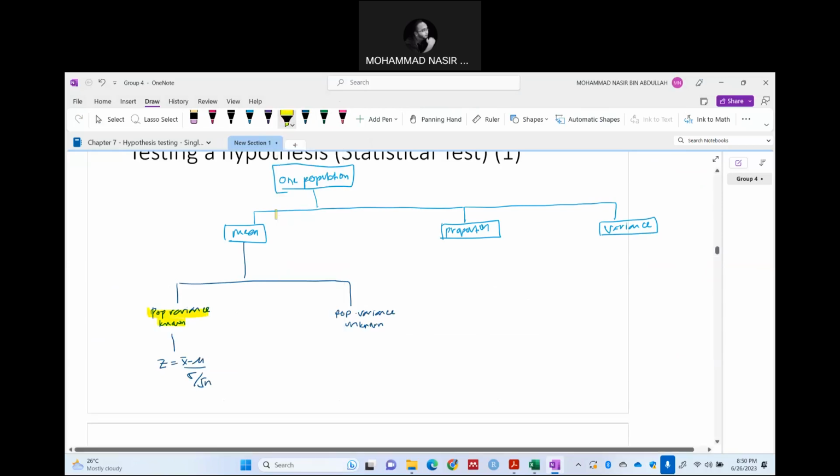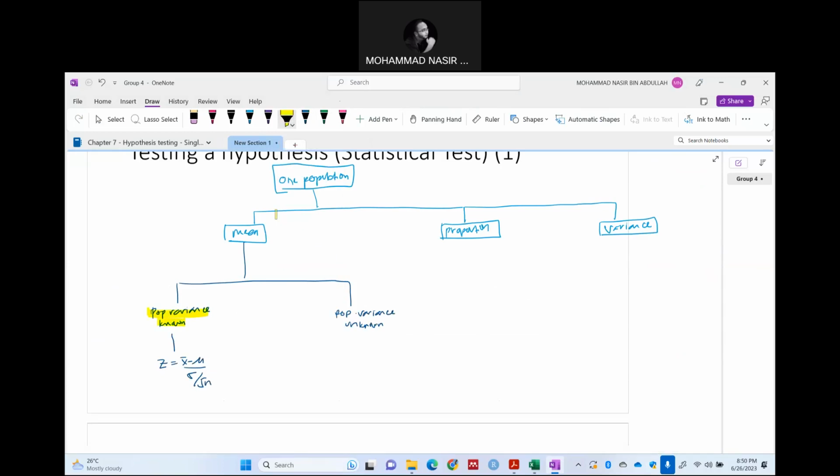So we use the Z statistic, X bar minus mu over sigma over square root of n. When the population variance is unknown, we have two conditions: when n is less than 30 and when n is more than or equal to 30. When n is less than 30, we use the t distribution, X bar minus mu divided by s over square root of n.